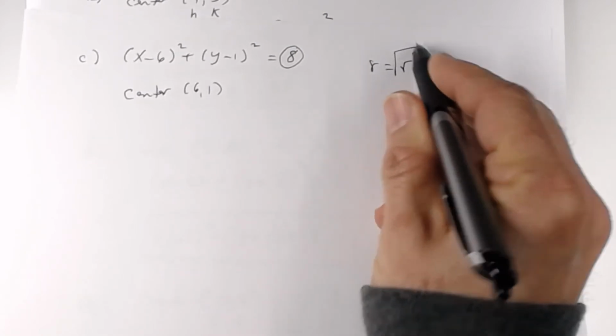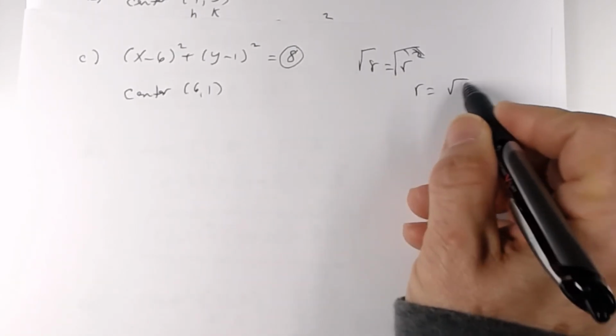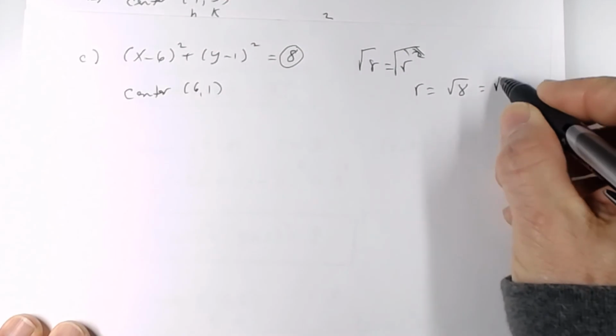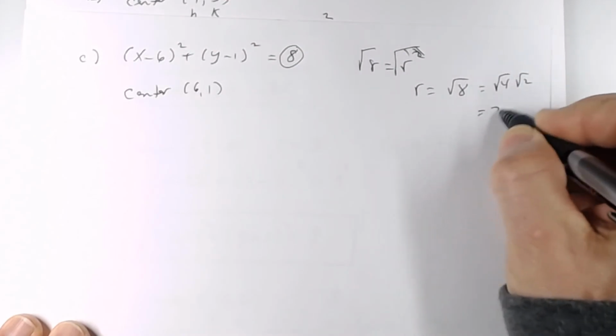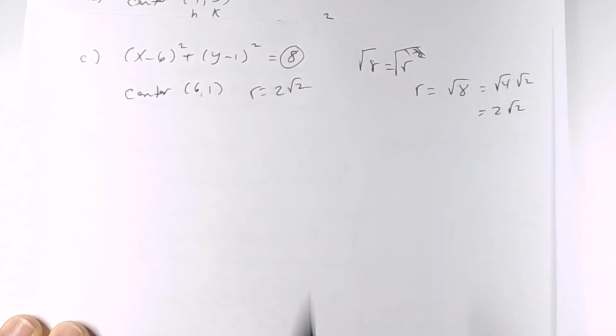These undo each other, so you get r equals the square root of 8, and then you simplify that. What perfect square goes into 8? 4. So I get the square root of 4 times the square root of 2, so it's 2 square root of 2. So there's your radius, 2 square root of 2 simplified.